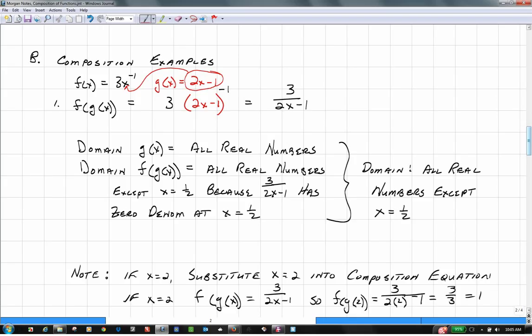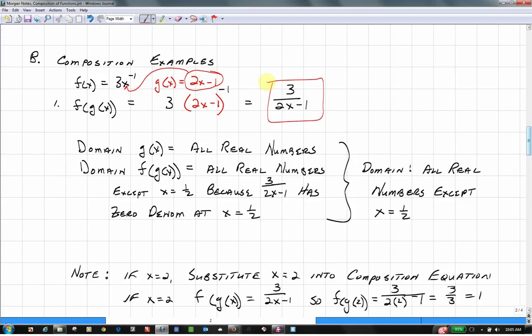And let's talk about the domain. The domain of g, what I start with right here, is 2x minus 1. I could put any number in for x, so the domain of g of x is all real numbers. Now, when I put g of x into f, when I actually do the composition, you can see that I have this thing right here. What we can't have is the denominator being 0.